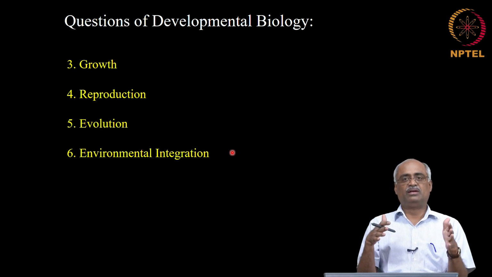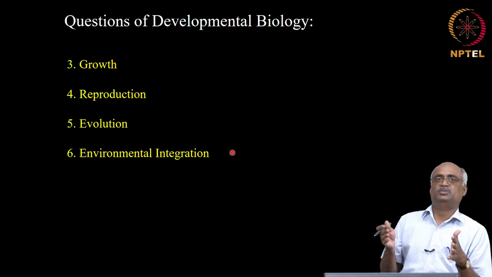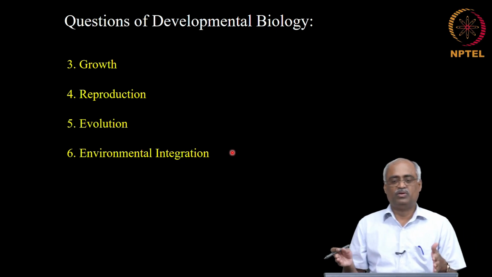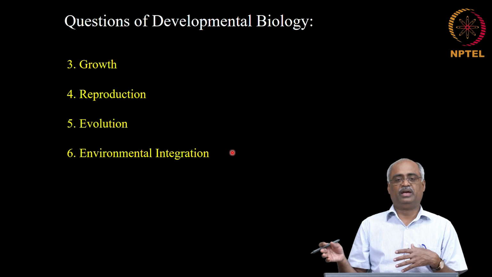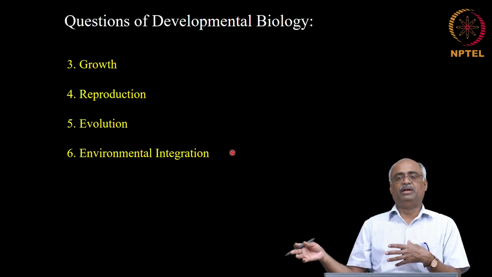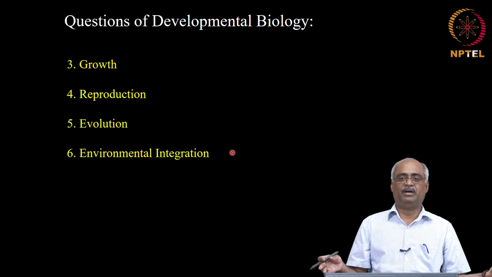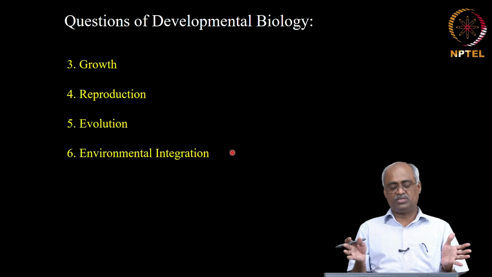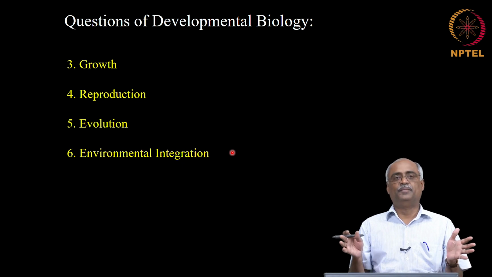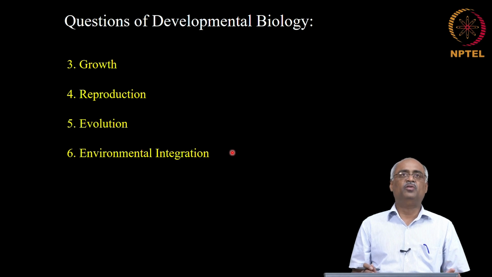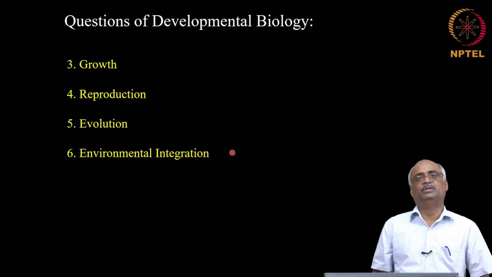So, it has to be controlled in terms of proportions. For example, imagine if one of your cells in one of your hands divided one more round, your one hand will be double the size of the other hand, and that is not going to make a functional organism. So, the growth has to be proportional to the overall body, and therefore, the growth is highly regulated, and how this growth control is achieved is our third main question.